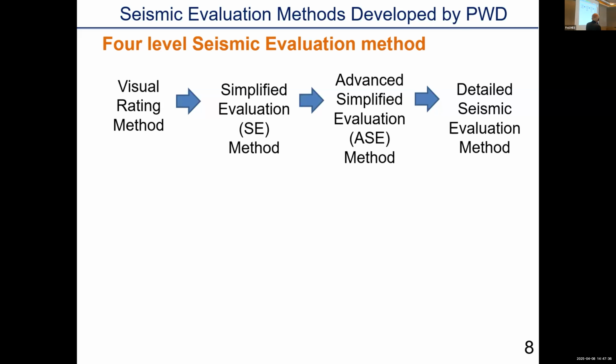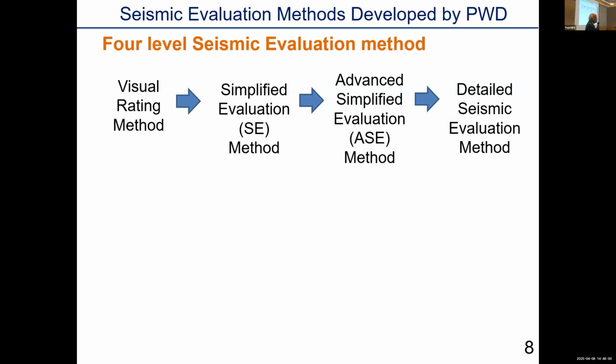That's why we developed the simplified evaluation method. With only rudimentary information gathered from the owner of the building, we can carry out this simplified evaluation method. And with some added building survey, we developed one advanced simplified evaluation method.